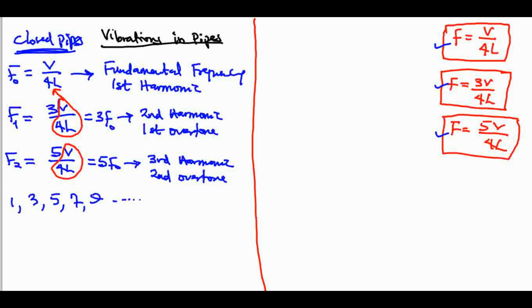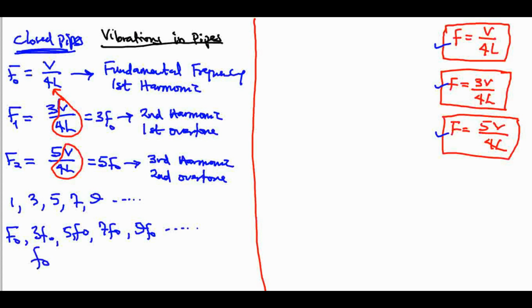So it means that the frequencies will come in this order: 1F naught, 3F naught, 5F naught, 7F naught, 9F naught, and that.